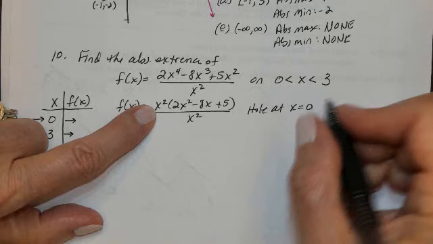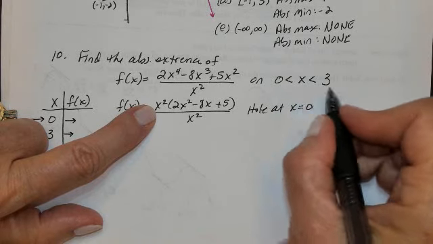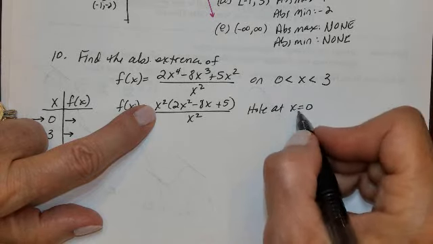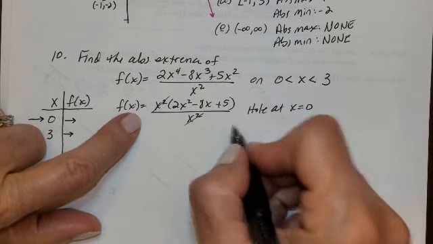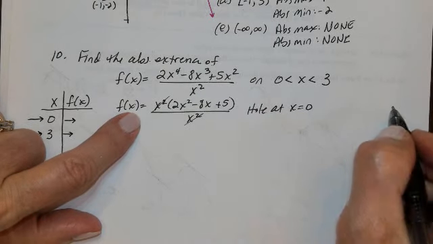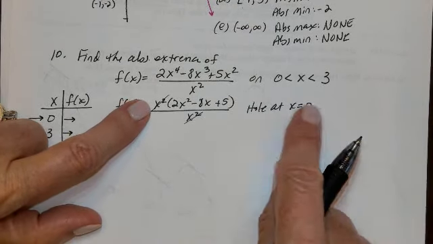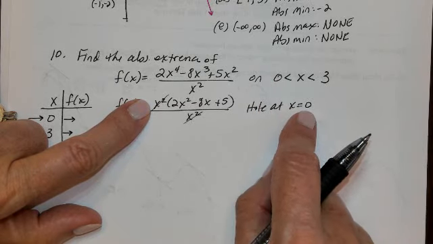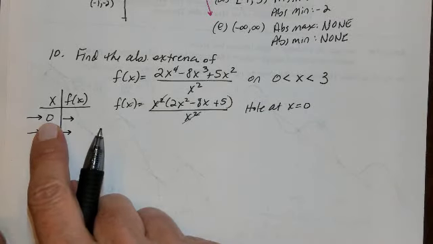Okay? Is x equals 0 part of my domain? No, it's not. So I don't really care that there's a hole there. I can go ahead and cross that out. And if you cross that out, it's going to make taking the derivative much easier. So again, the reason we can cross it out is because we've taken care of that situation. If it was included, then I would just come over and put it on my closed interval test. It's already there.